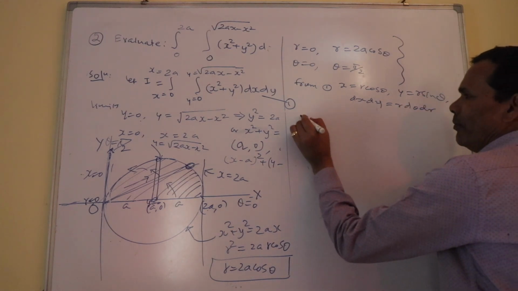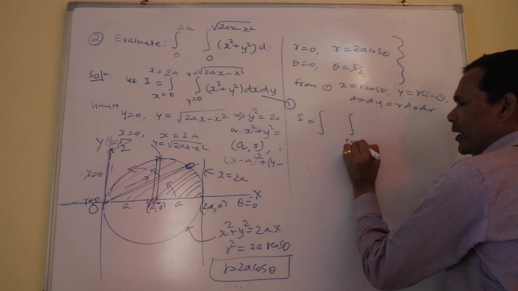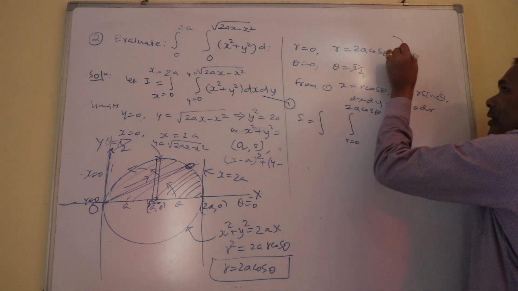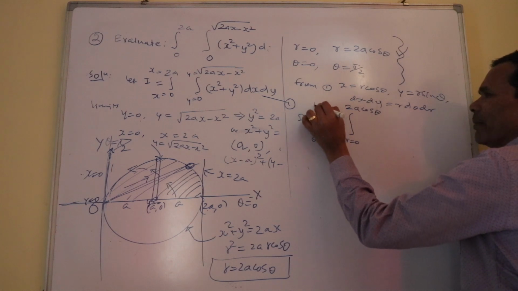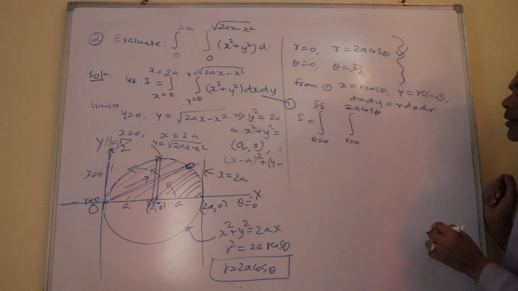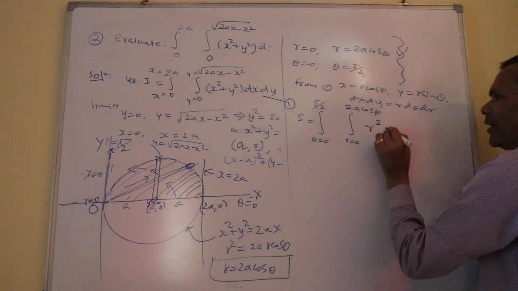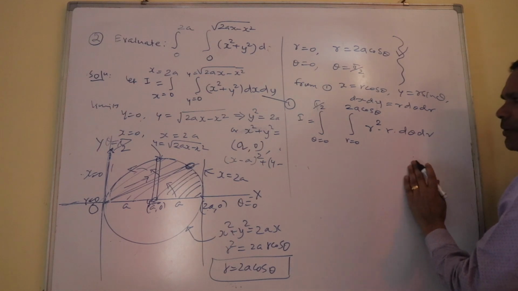So I is equal to the integral, r is equal to 0 to 2 times a cos theta, and theta is equal to 0 to pi by 2, with x square plus y square naturally r square, and dx dy is r d theta dr.